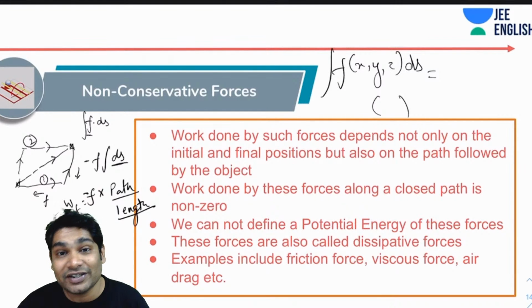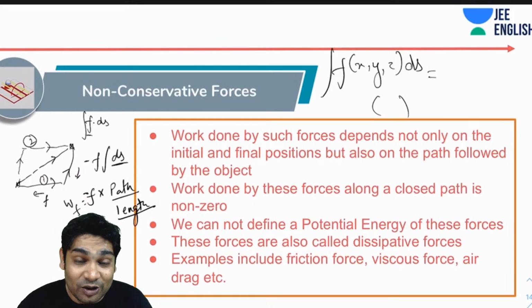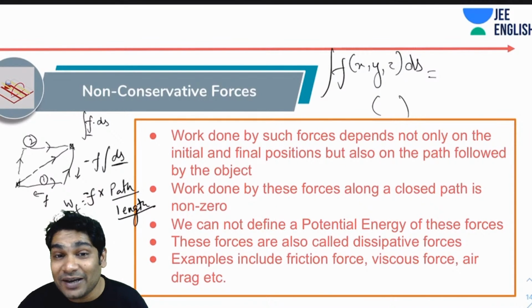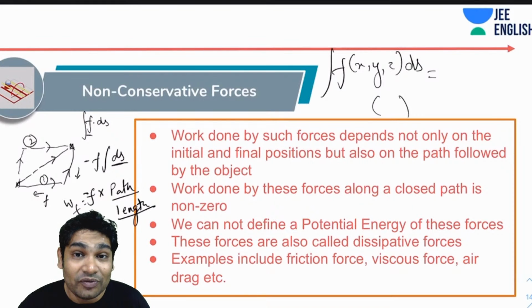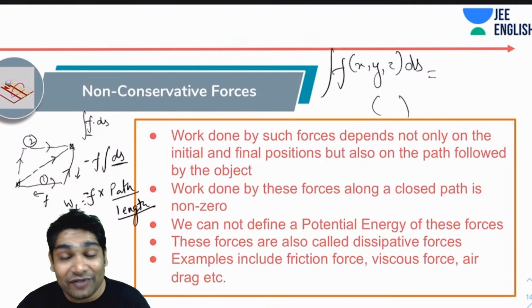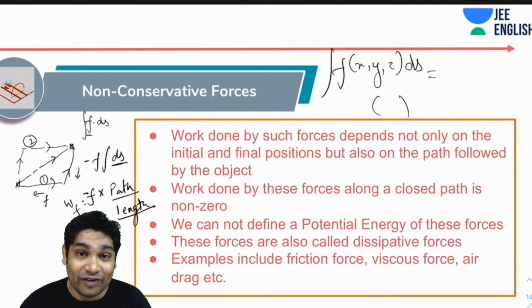Another time I'm getting another function h, and my work is coming out to be h of 2 minus h of 1. So every time the result of integration is different. It depends on the path. The moment I change my ds, I get a different result. Which means I cannot define a constant mathematical function for finding the work of this. Therefore, I cannot define a potential energy for these forces.